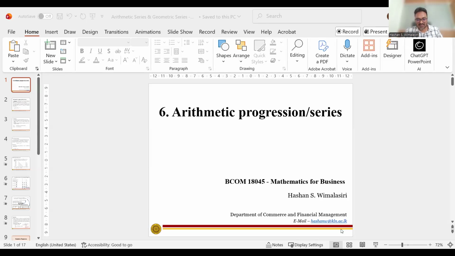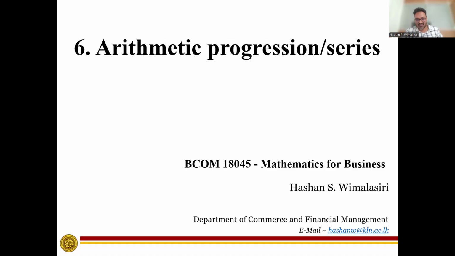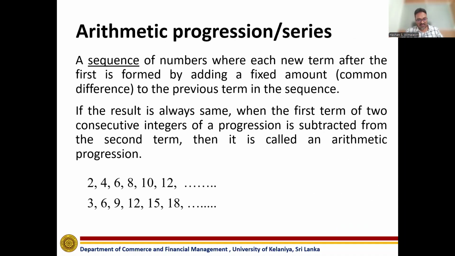Right. So when we go back to the arithmetic series and the geometric, the series are one of the important things which also apply in different sectors, different manners, and if continuously doing the same thing, we can go for the series. So arithmetic progression is a sequence of numbers where each new term after the first term is formed by adding a fixed amount.